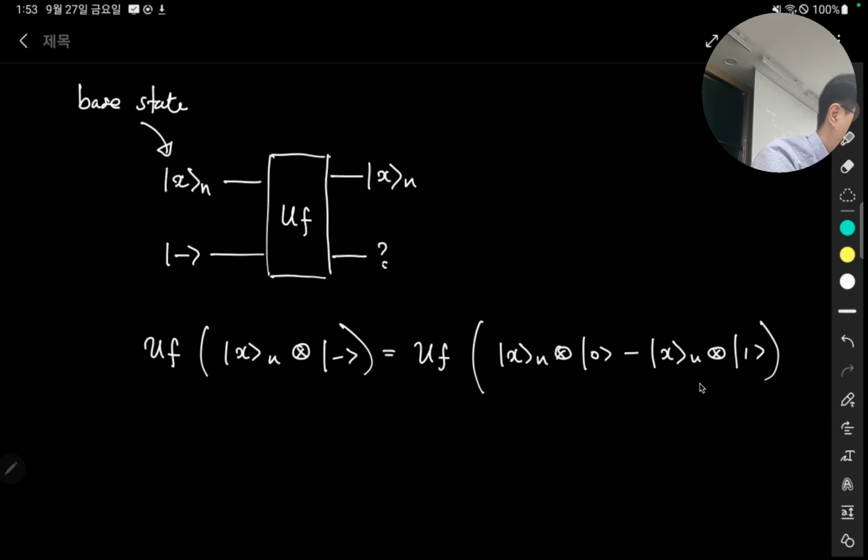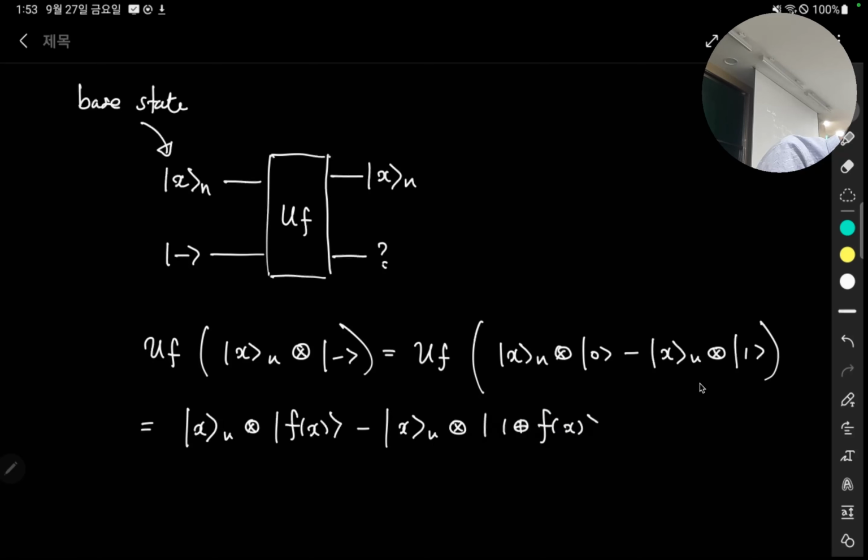Let's forget about the coefficient now. This becomes x tensor f(x) minus x tensor 1 plus f(x). As I said, f(x) is either 0 or 1. So if you combine this together, it's x tensor f(x) minus 1 plus f(x).